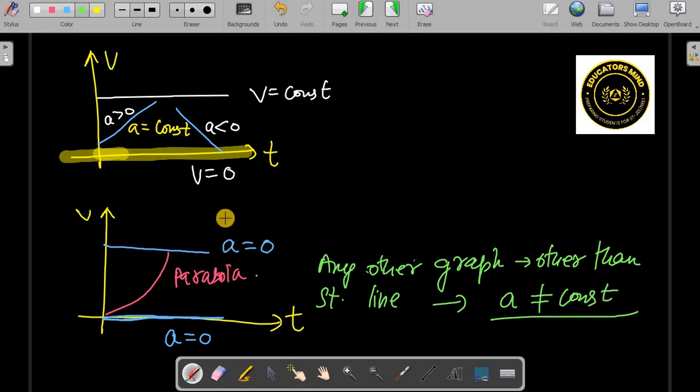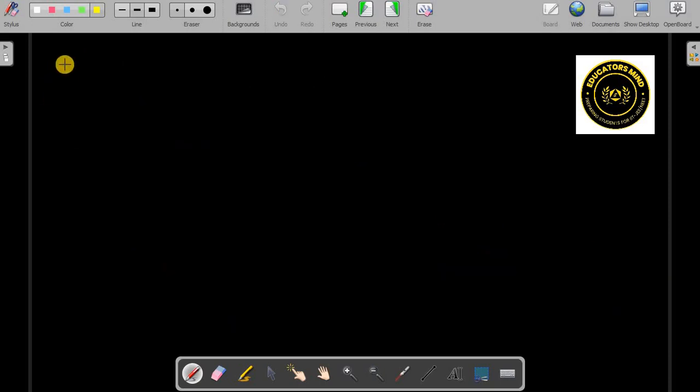If the graph is not a straight line, any kind of curve it is, then it will represent non-uniform acceleration. Then next, the AT graph.